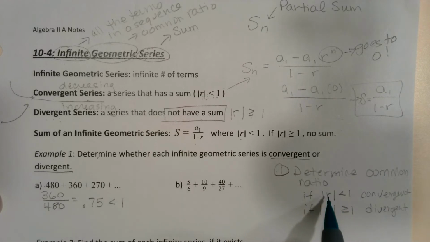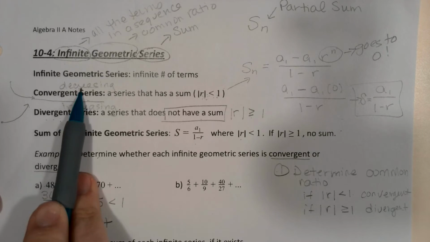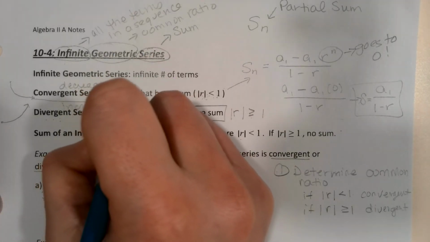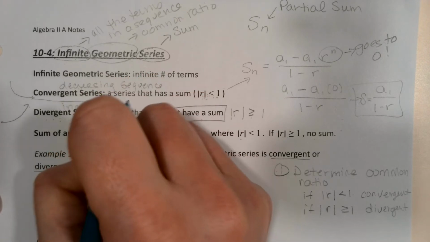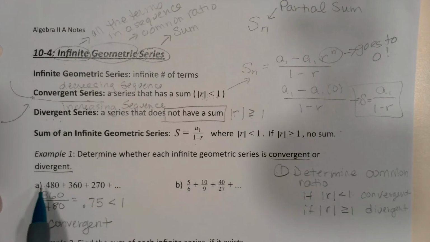So if we look over here, if the absolute value of r is less than 1, then this is convergent. And we check our series. What is happening here? These numbers in our sequence are decreasing. Okay, so the sequence is decreasing, it's convergent, we're going to be able to find a sum.